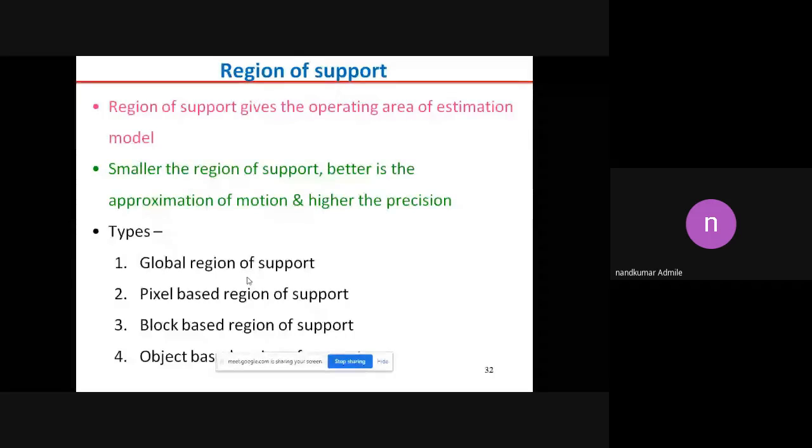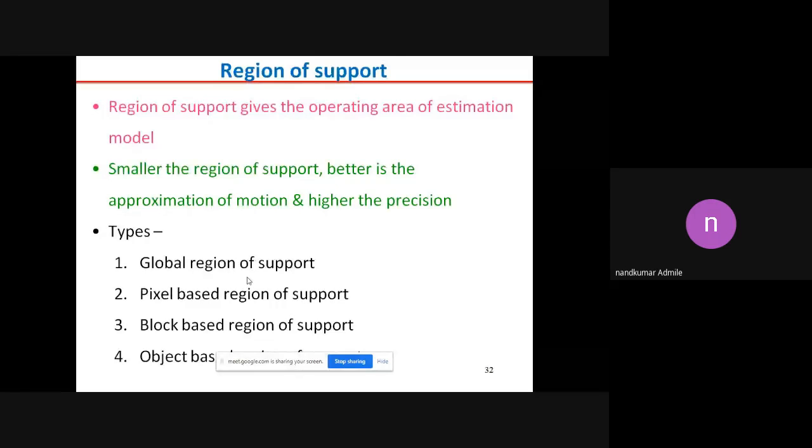In our earlier slide we took an example of one person, where there is movement of the face. The face changes from one position to another. In that case, how do the pixels move from one position to another? For that, we have to study these four basic types.